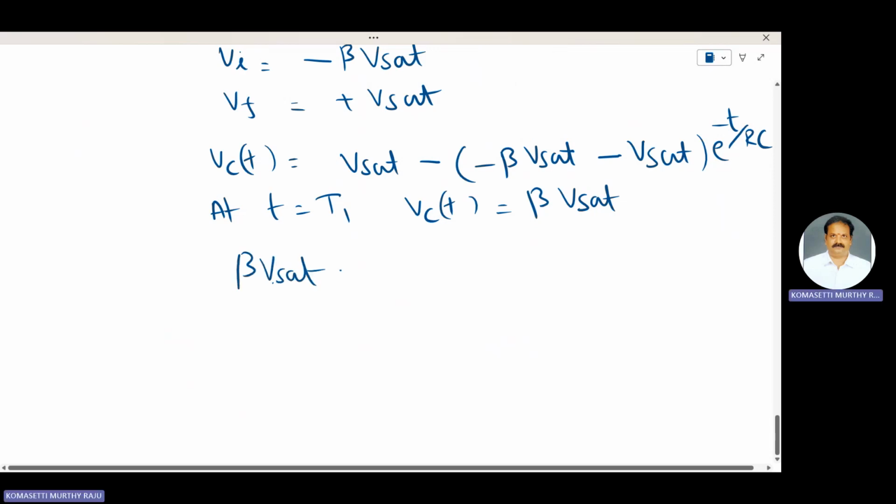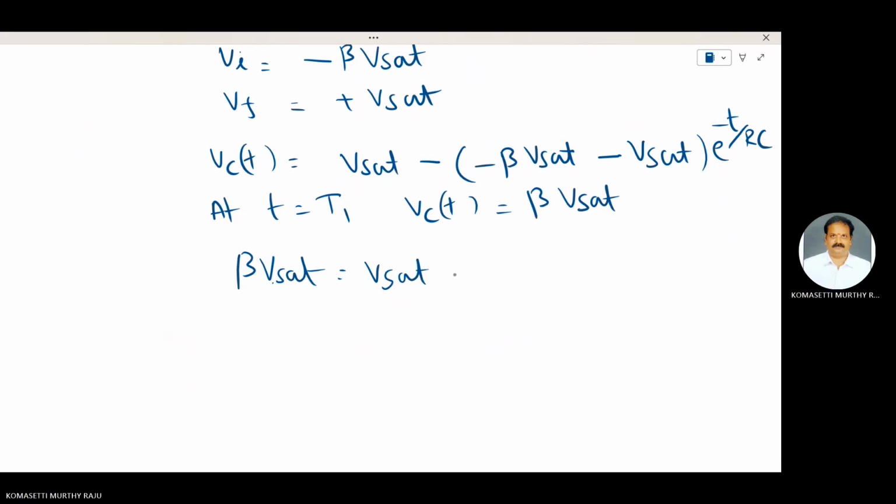Beta V sat is equal to V sat minus (minus beta V sat minus V sat) e power minus T by RC, that is V sat minus of minus V sat times (1 plus beta) e power minus T by RC.